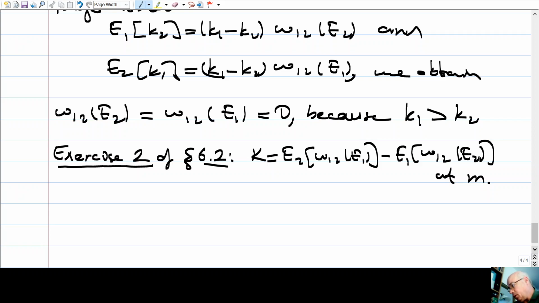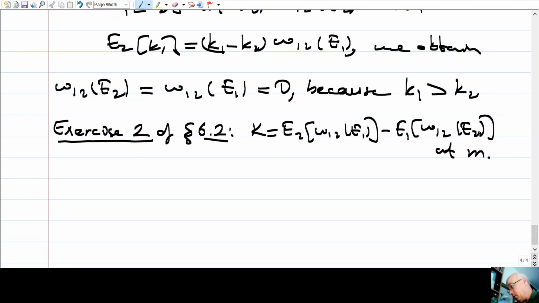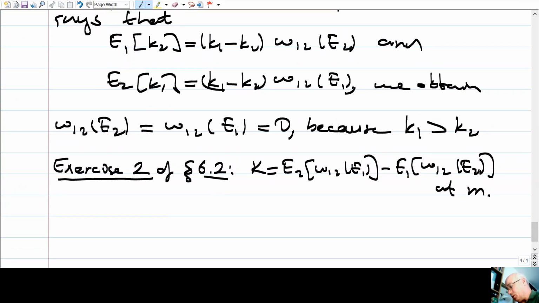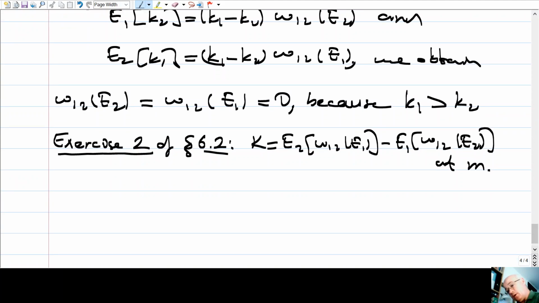Now take the first Codazzi equation and apply the field E1 to it. So you just take the derivative of the first equation.